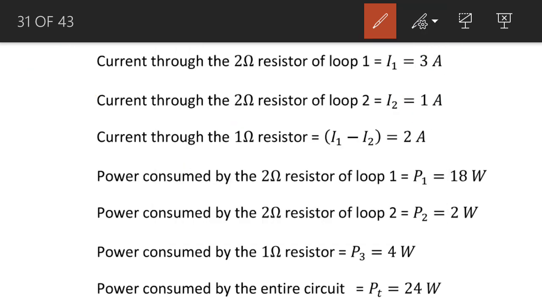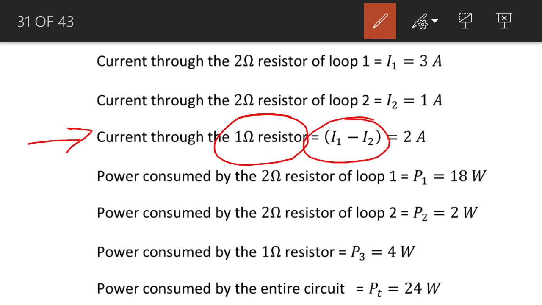The current through the 1 ohm resistor is I1 minus I2. This resistor is a member of loop number 1 as well as loop number 2, and these two currents are in the opposite direction in this resistor. So the net current through this resistor will be I1 minus I2, that is 2 ampere.